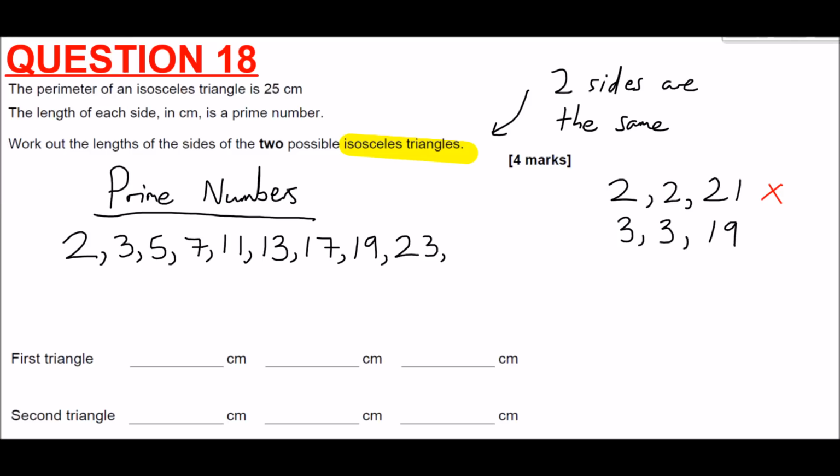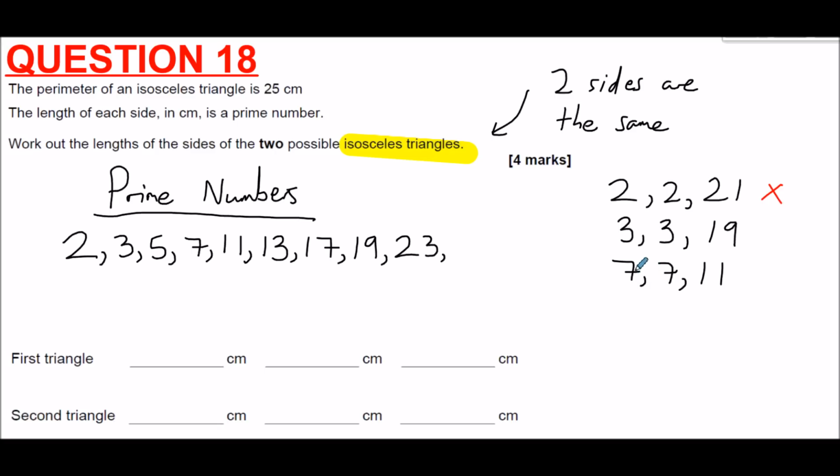4 isn't a prime. 5 and 15 wouldn't work because 15 isn't a prime. However, we could have 7. So how about 7, 7 and 11? 7, 7 and 11 actually would work, because 7 plus 7 is 14, plus 11 is 25.